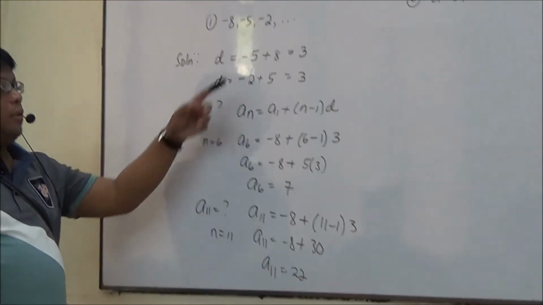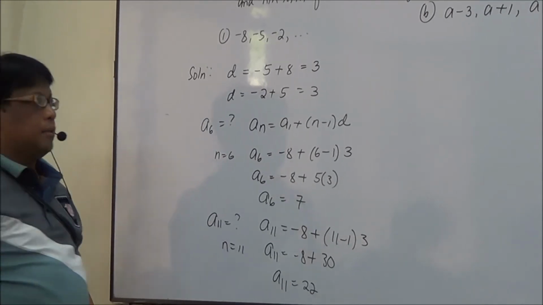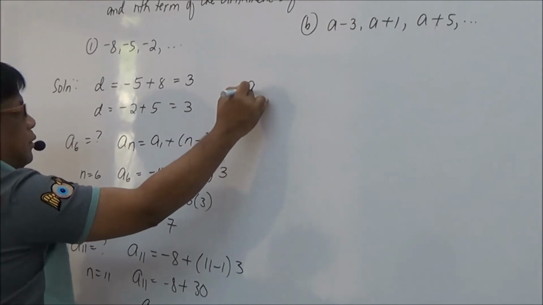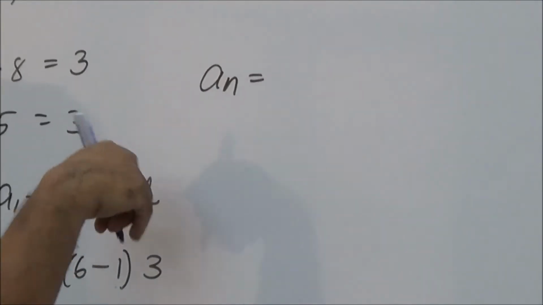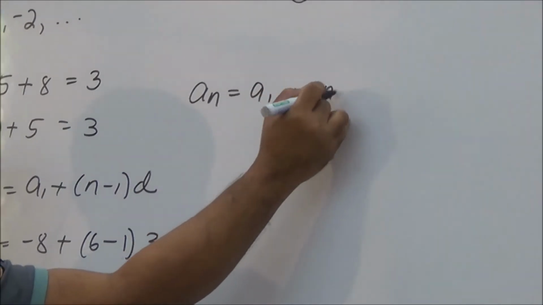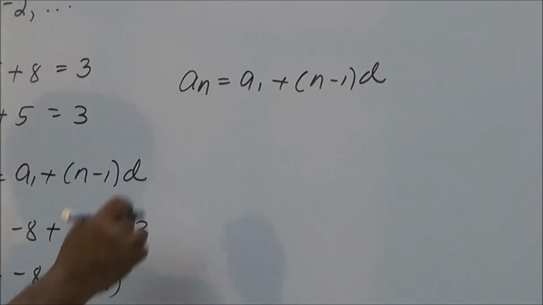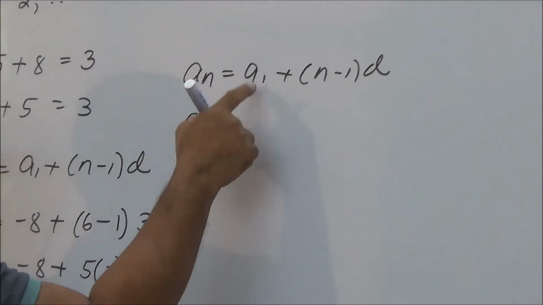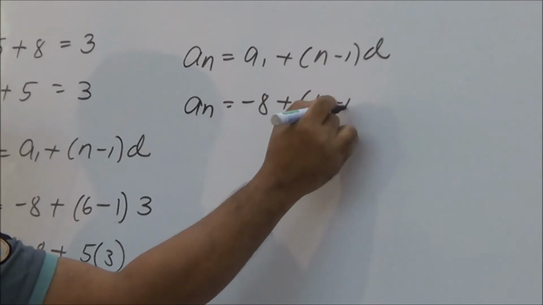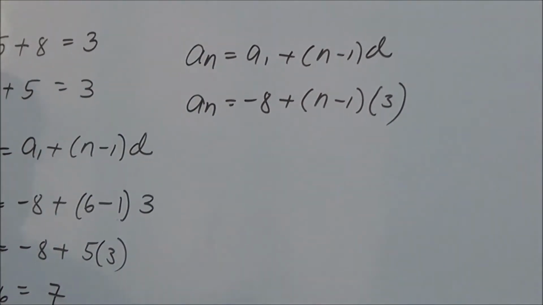And defining now the nth term of the arithmetic sequence, meaning the formula for the nth term of the arithmetic sequence, let us make use of the formula now. A sub n equals a1 plus (n minus 1) times d. Okay? So that's a sub n now equals a1, which is of course negative 8, plus (n minus 1) times d, and d equals 3. Okay?